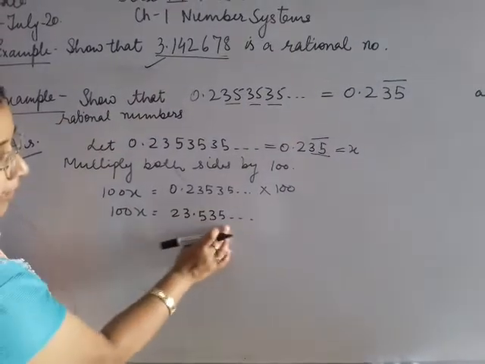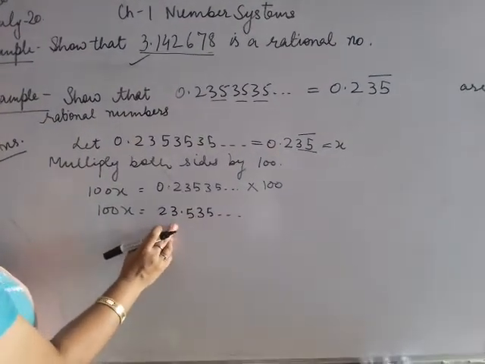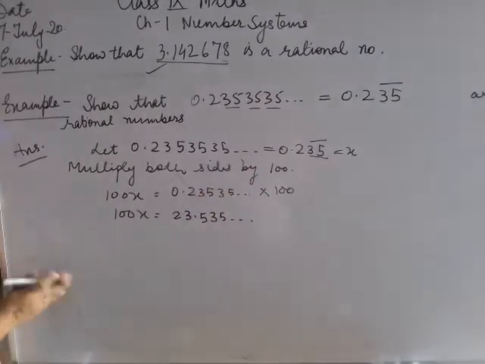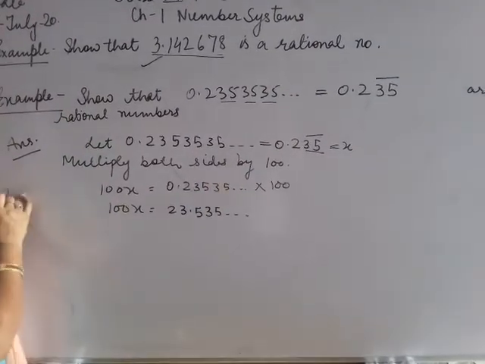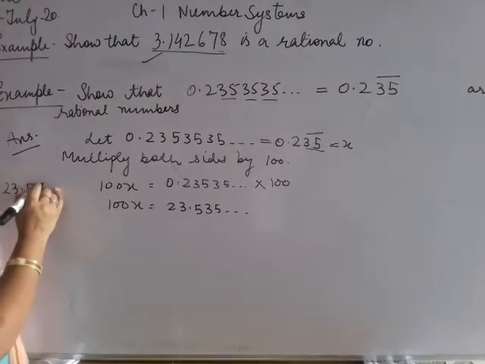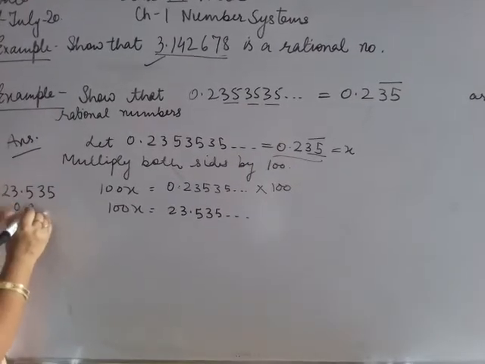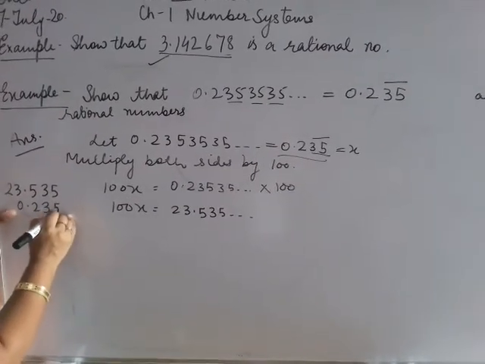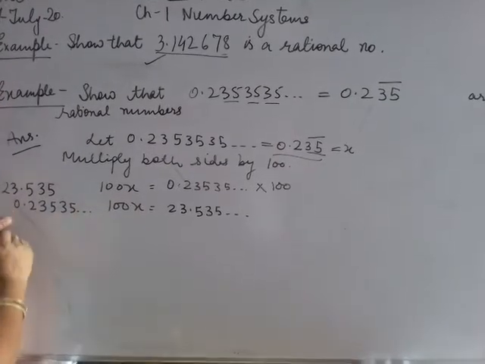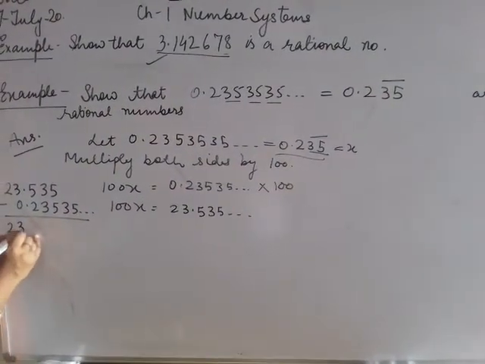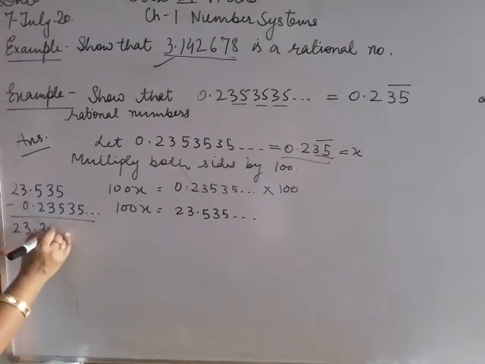Now we have to break this in the form of x. To get this, we have to do a little back process. First you have 0.535, and you have to convert this in the form of 0.23. So 0.23535 and so on. Okay, subtract this, what will you get? 23.30.